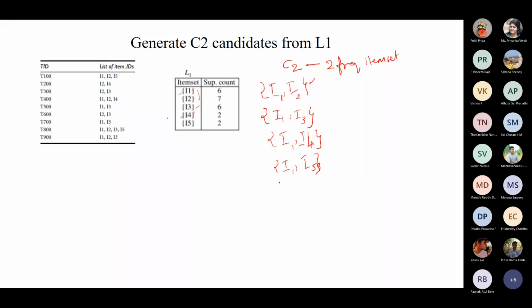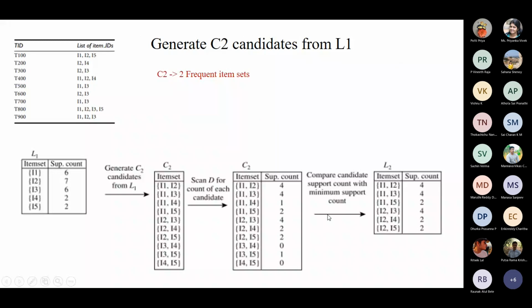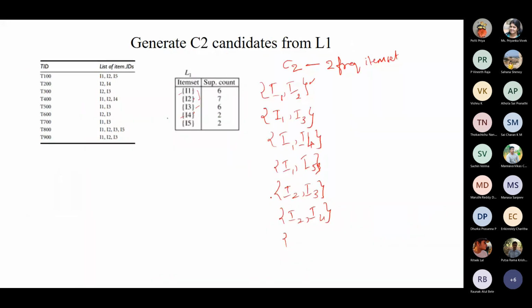Next, I2, I3, I2, I4, I2, I5. What is next? I3, I4. Now I2 is over.